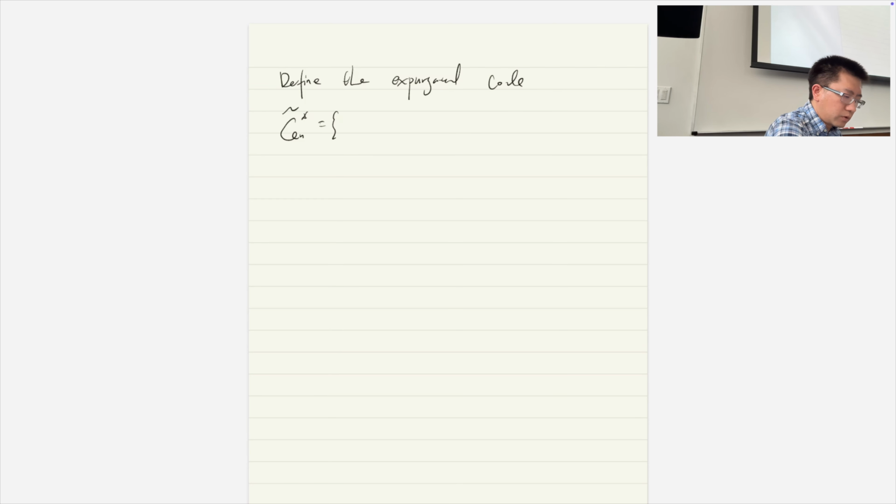This is only the first half, x1, x2, up to x2 power nR minus 1. So we get rid of the second half, the worst half. So this is the best half of the codebook.